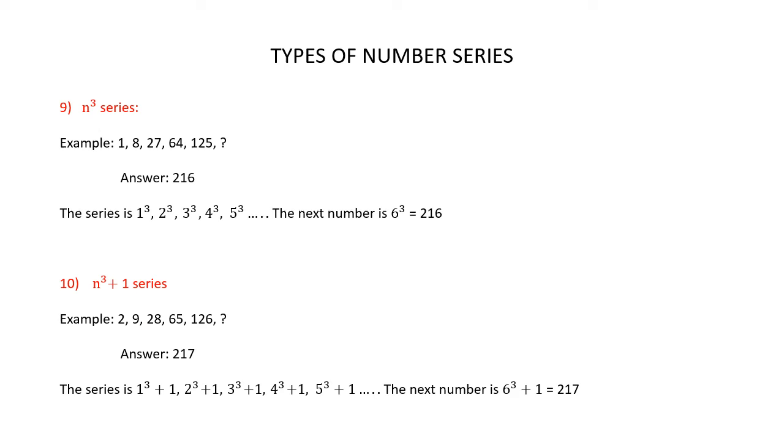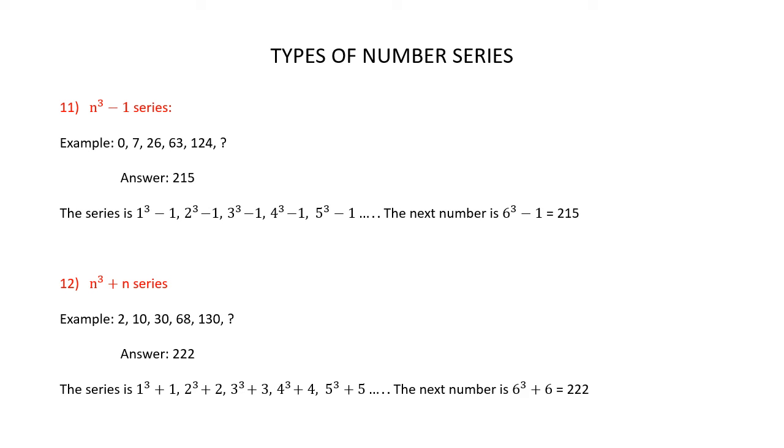That is, the series is 1 cubed plus 1, which is 2, 2 cubed plus 1, which is 9, 3 cubed plus 1, which is 28, 4 cubed plus 1, which is 65, and 5 cubed plus 1, which is 126. So the next number will be 6 cubed plus 1, which is 217. So the answer is 217, and this is an example for n cubed plus 1 series. Hope you have understood this.